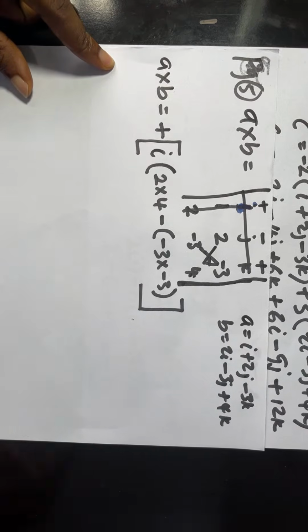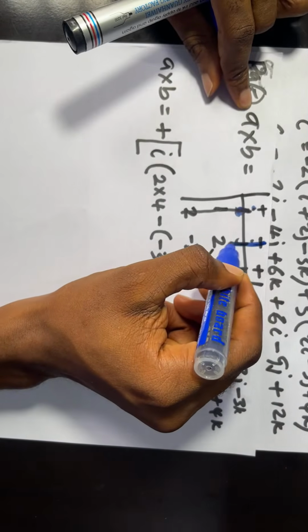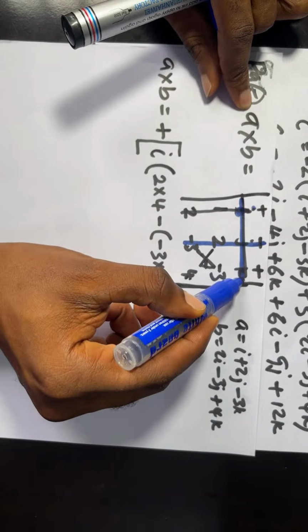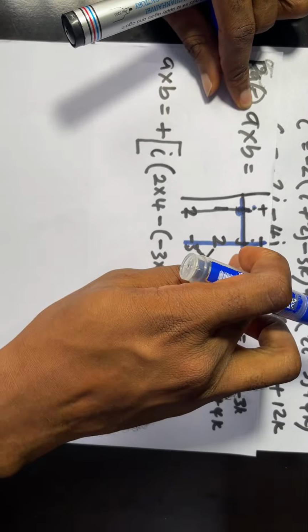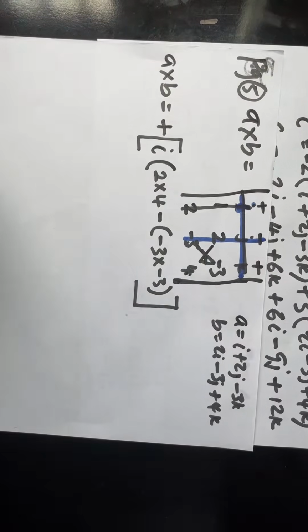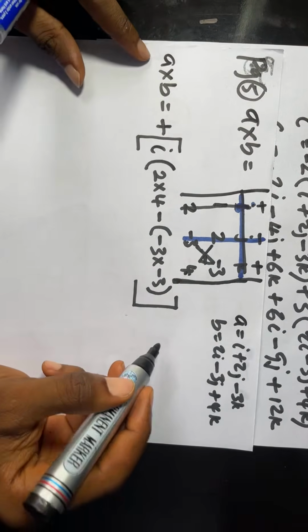Now, I'll go again for the next one. Let's use the next one. We are crossing here. Remember, everything when you are crossing in the horizontal side is just the upside. So I'm crossing here and I'm still crossing up. What's the sign above J? What's the sign above the ijk vector?